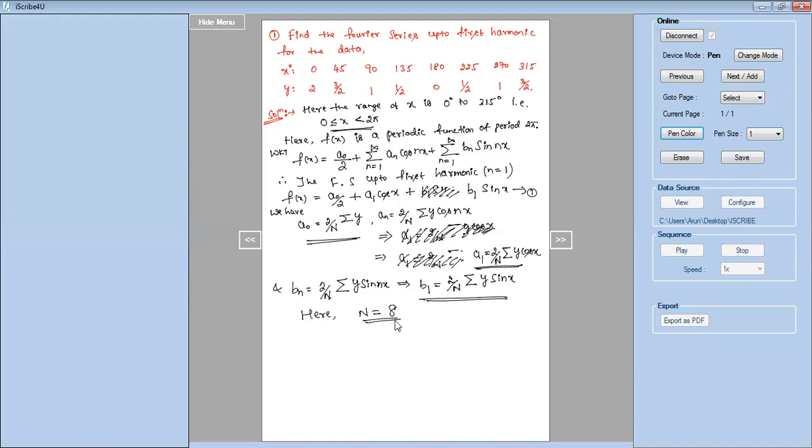The next thing is you have to construct a relevant table for the data, and hence find summation y cos x, y sin x, etc. So let us construct a data table for the problem. Here I'll just go to the next page.